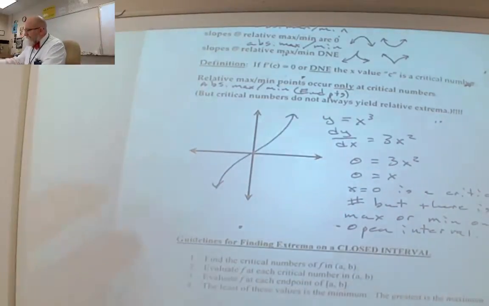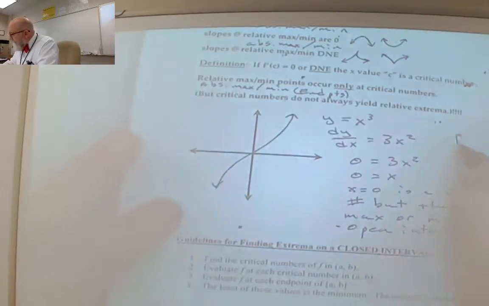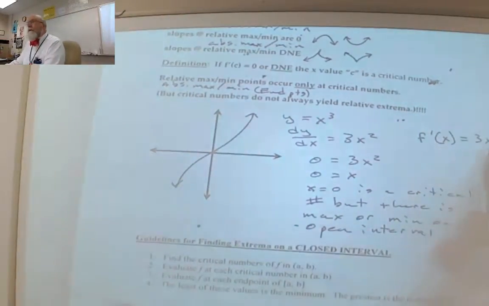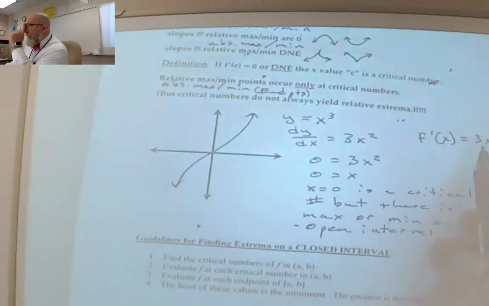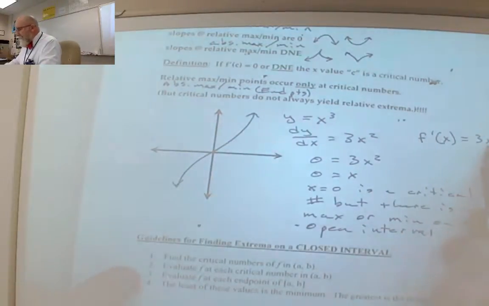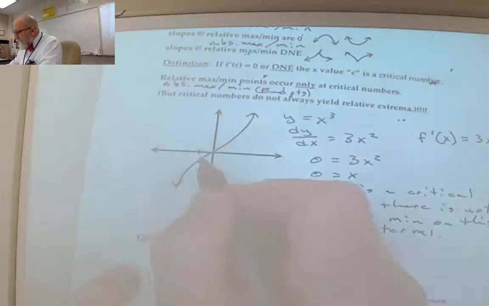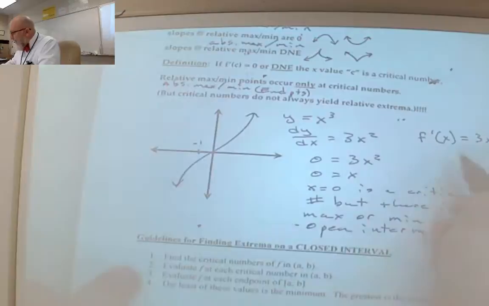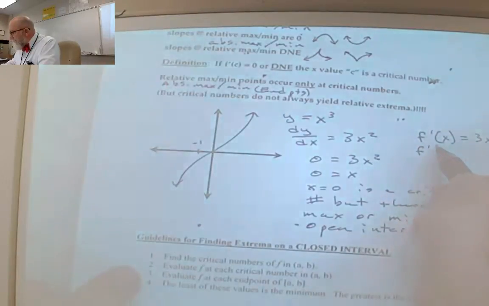Now, let's look at this. F prime equals 3x squared. Except for 0, I plug in a -1. I get a slope of what when I plug in a -1?